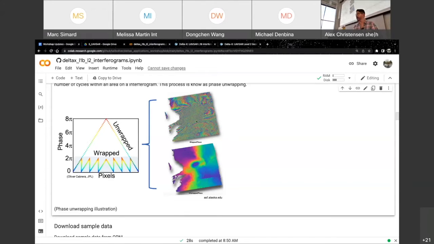But in the map, the colors in the actual interferogram here represent surface change. So everywhere that you see these rainbow-looking things, it's because the interferogram was capturing change in the surface. And when it's unwrapped, this set of rainbows looks like this in the bottom.